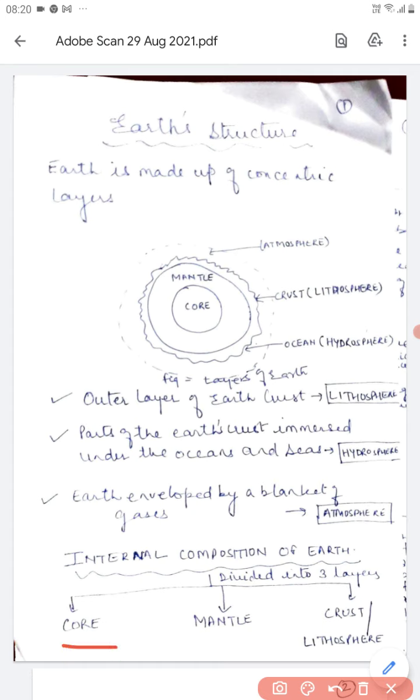Core, you can see this is the core. Mantle, outside the core is the mantle, and then the crust or the lithosphere. As you can see in the diagram, this is the crust or the lithosphere. So the earth has three layers: core, mantle and the lithosphere.